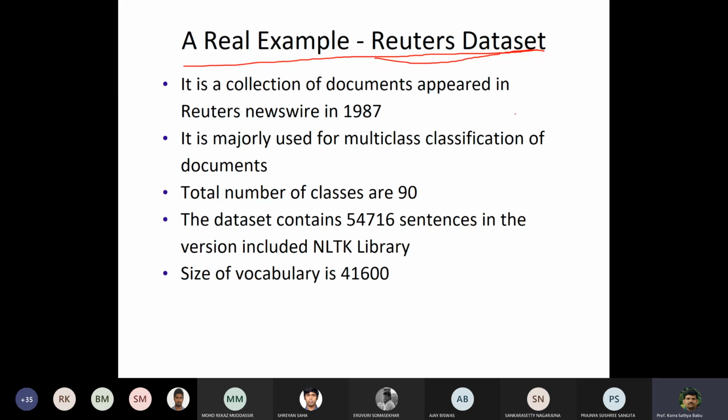The total number of classes is around 90. The data set contains 54,716 sentences in the version that is included in the analytical library of Python, and the size of the vocabulary is 41,600 words.